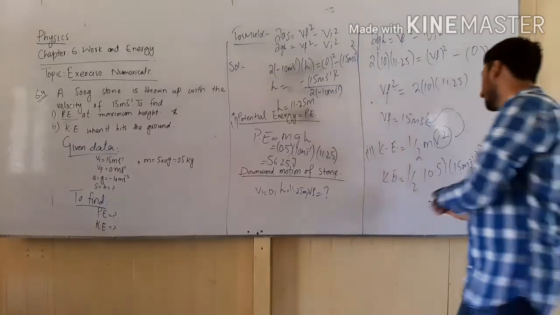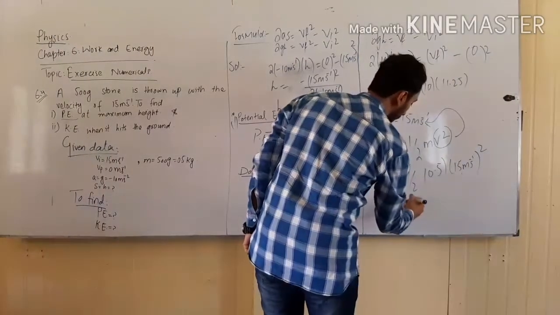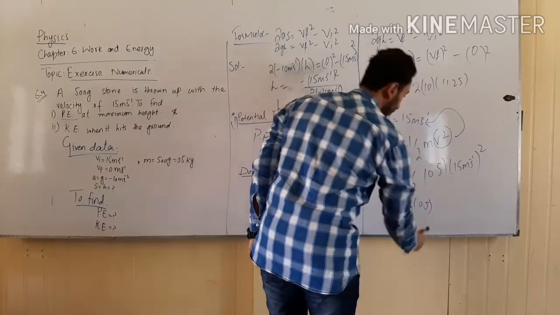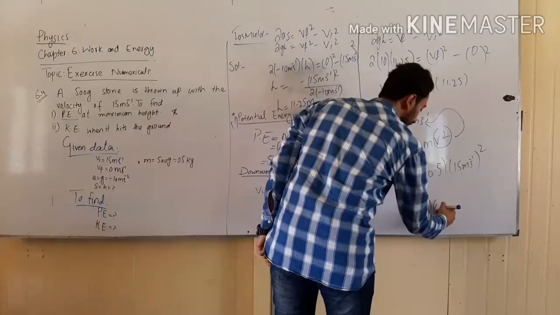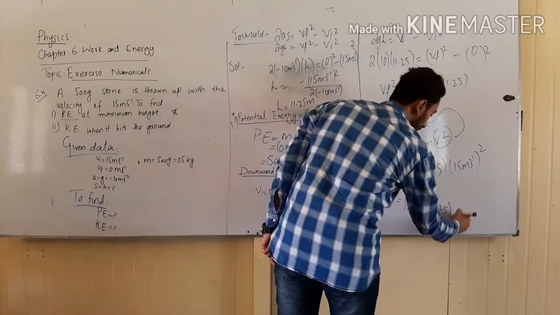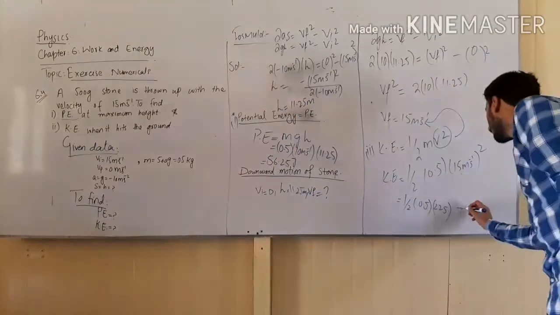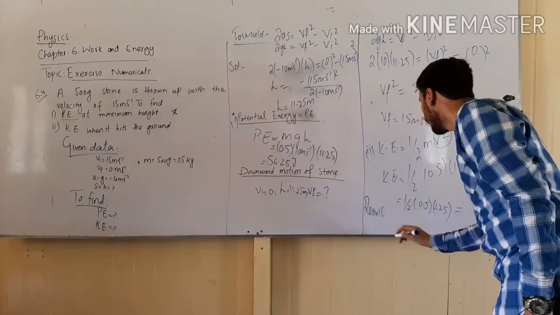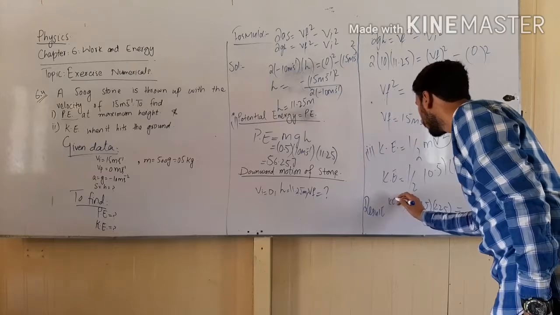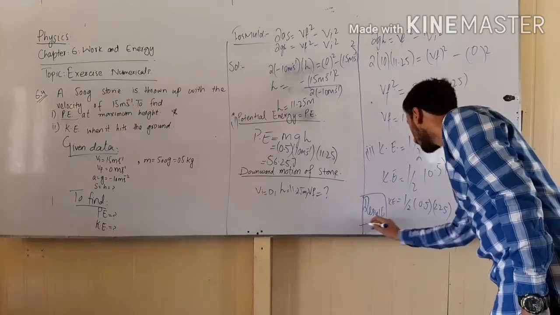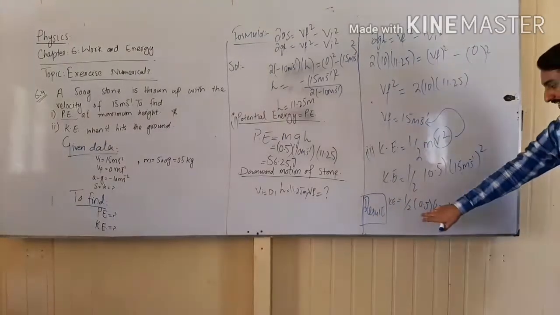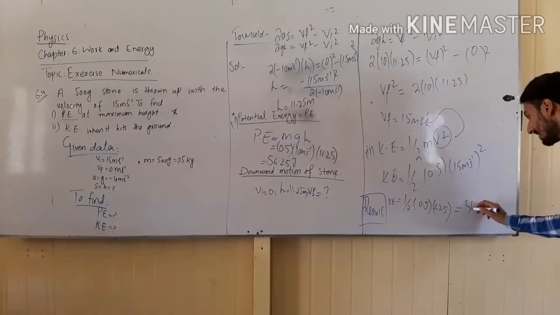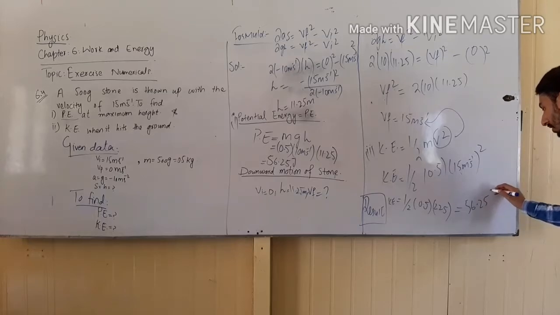So we have 1 by 2, 0.5, square of 15 is 225. So our final result is, when we multiply 0.5 with 225 and divide by 2, we have 56.25 joule.